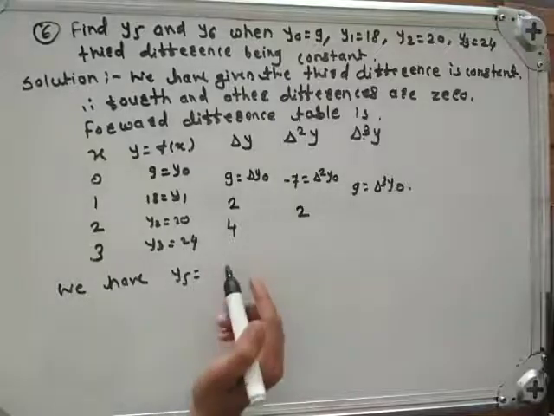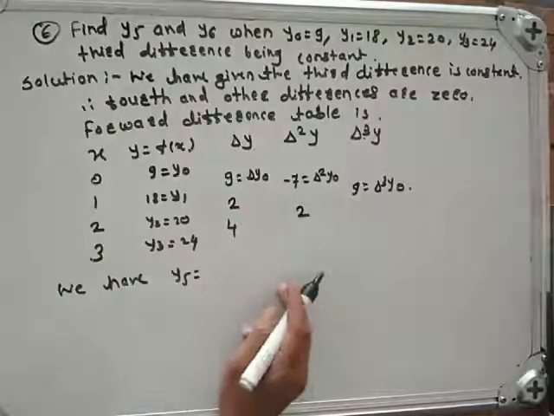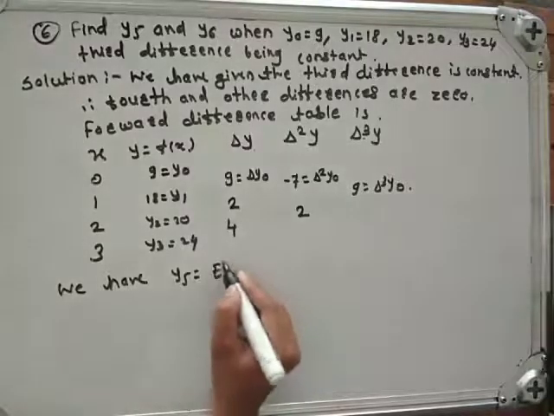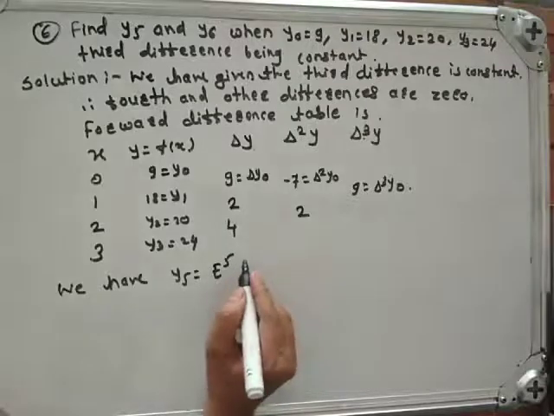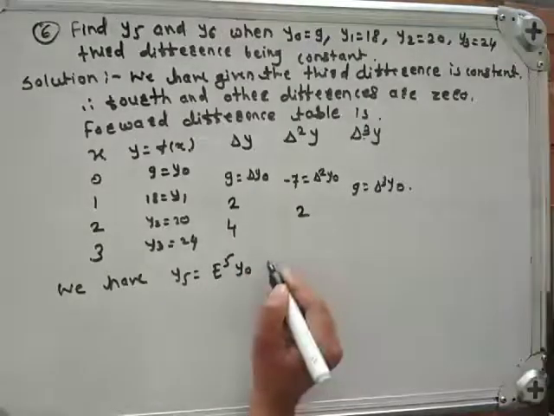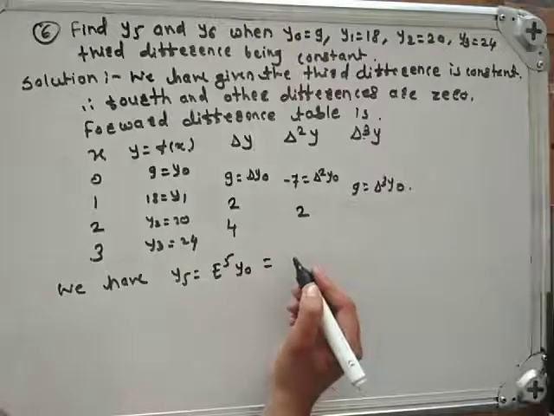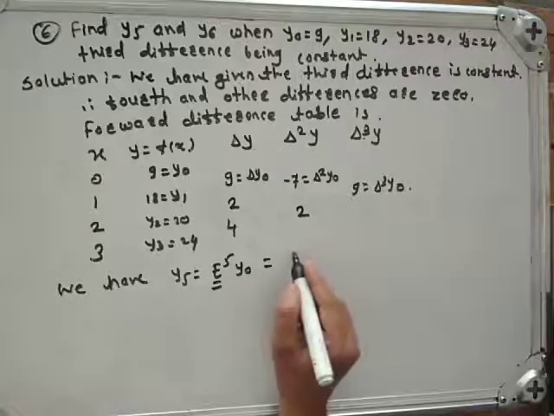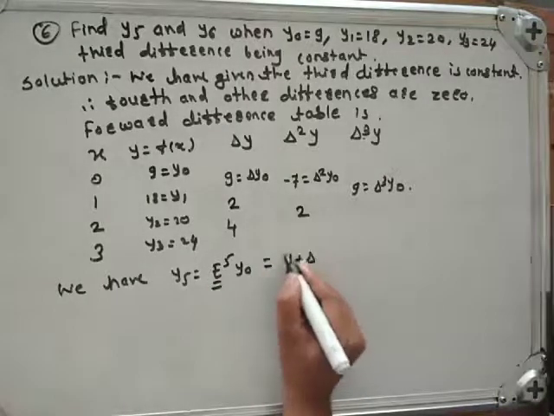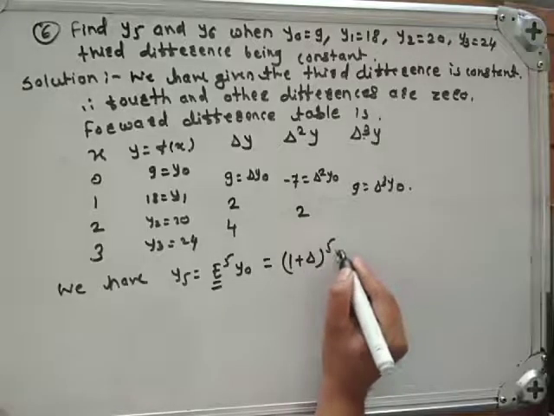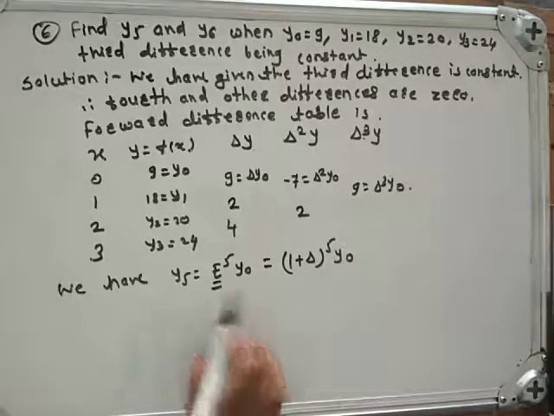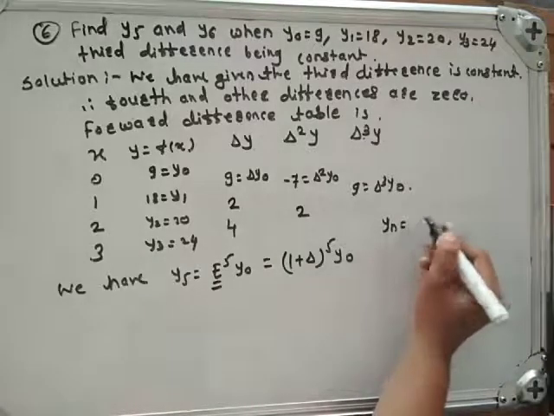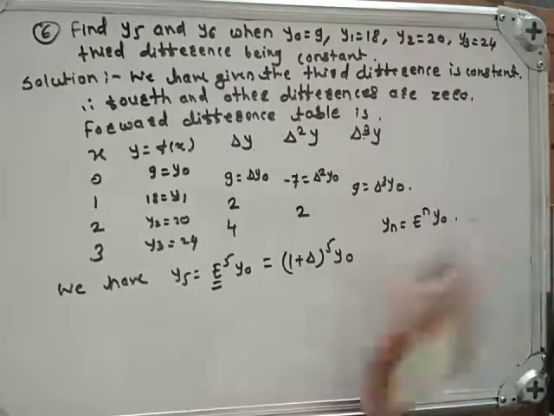We have to calculate y5 and y6. y5 is equal to E raised to 5 y0. We know that E is equal to 1 plus delta. This is 1 plus delta raised to 5 into y0. Students, you can remember that yn is equal to E raised to n y0.